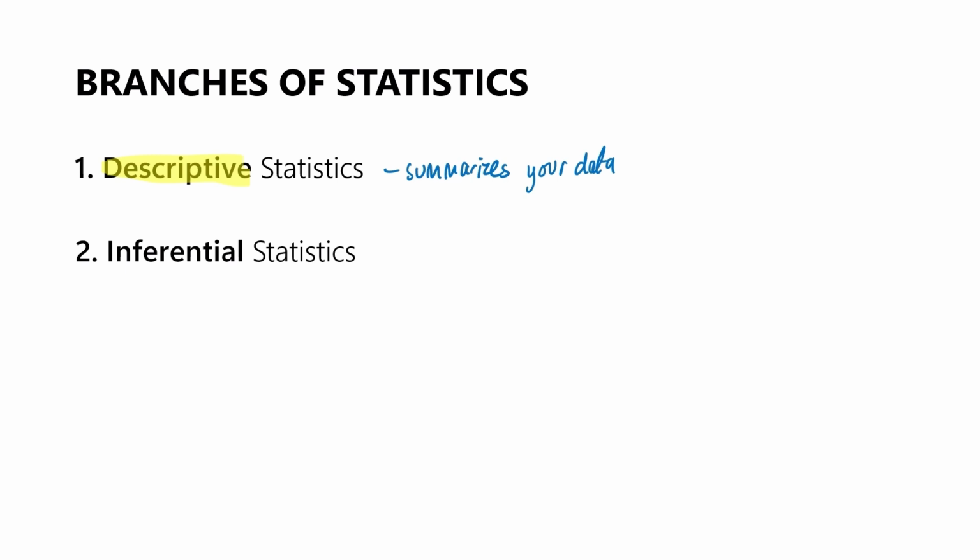Now the second one, we have inferential statistics. Now this one uses the sample data that we have to make predictions, estimations, and draw conclusions about the whole population.